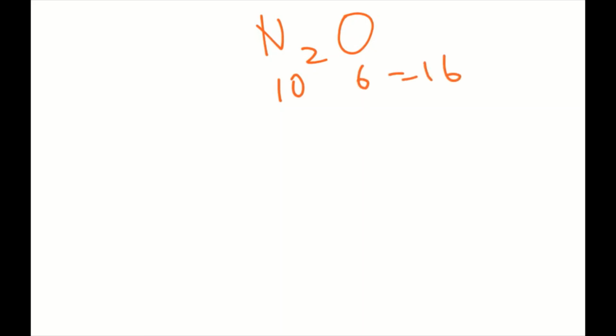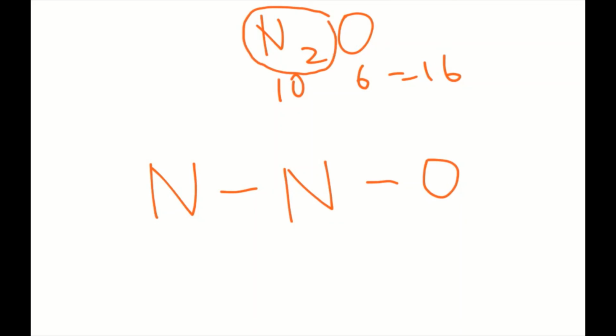So now let's draw the skeletal structure. I'll assume that the 2 ends are together. And our central atom is the atom that needs the most electrons, which is nitrogen. So I think this will work out. So 16 minus 4 is 12. We have 12 left to put.